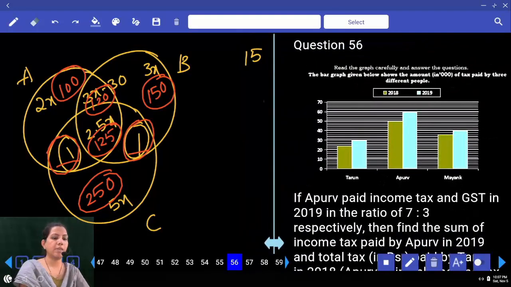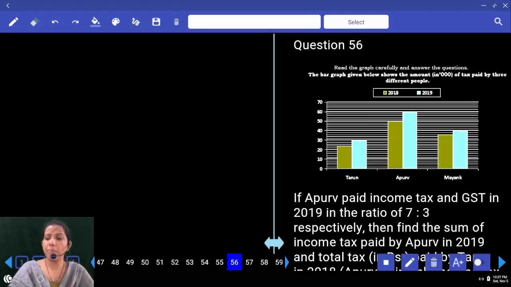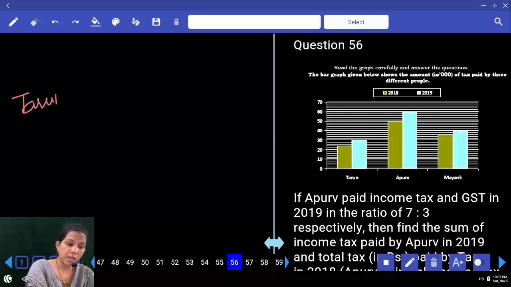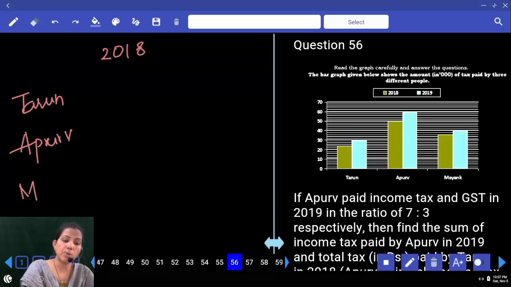Okay. Next question number 56 to 60. The bar graph given below shows the amount of tax paid by 3 different people. Tarun, next person Apurva value, next Mayank. What are the 2018 and 2019 values of all the 3 persons?